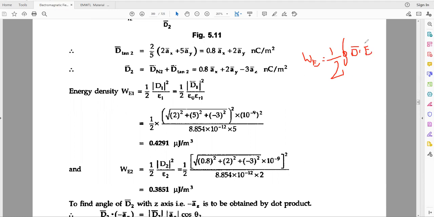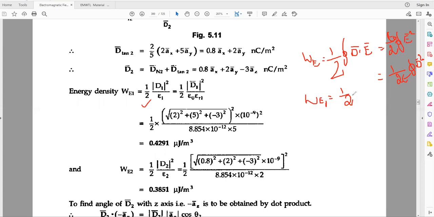When it is a magnitude only, we can write D bar as epsilon E bar, so WE is 1 by 2 epsilon E bar square. In terms of D bar, it is also 1 by 2 epsilon integral of D bar square. That only we are using here.